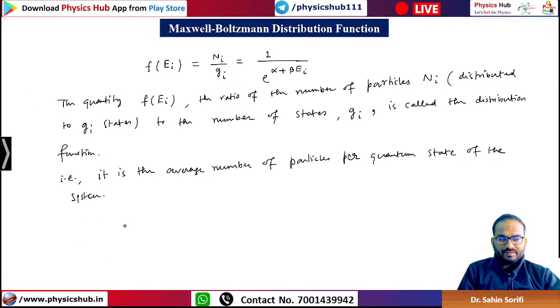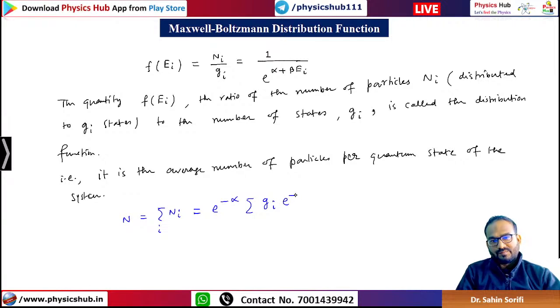Look, we have N total number of particles. If I take the sum of Ni over i, this is equal to how much? You see, Ni is equal to Gi by e to the power alpha plus beta Ei, so e to the power minus alpha times the sum over Gi e to the power minus beta Ei.